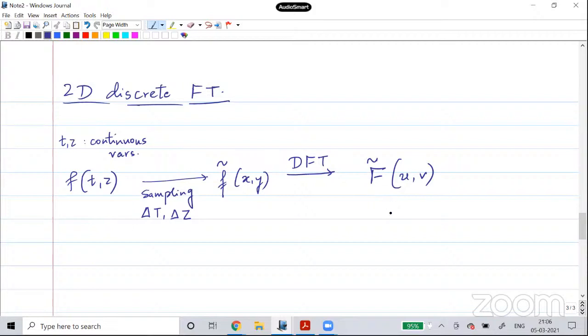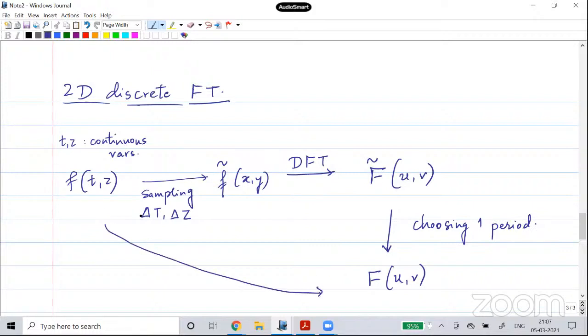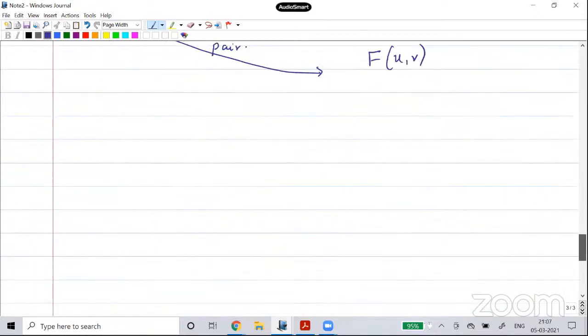Now from f tilde, you can get again f, by choosing one period, and then this function and this function are related by Fourier transforms. So this is an FT pair, right? So the same setting as earlier.